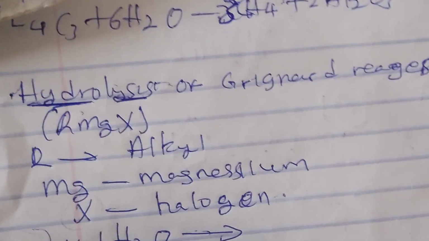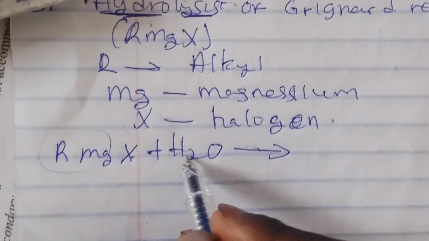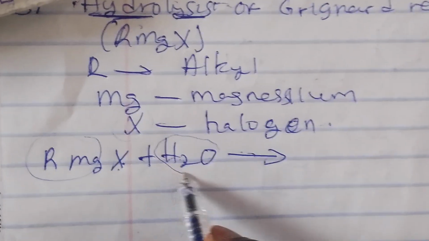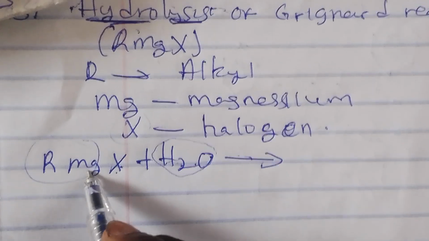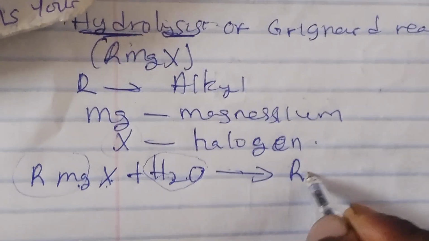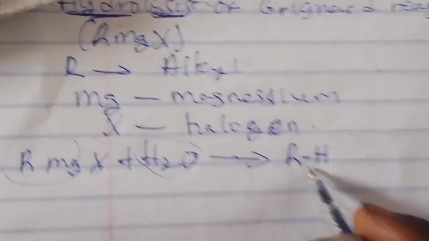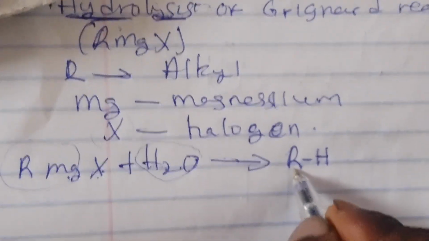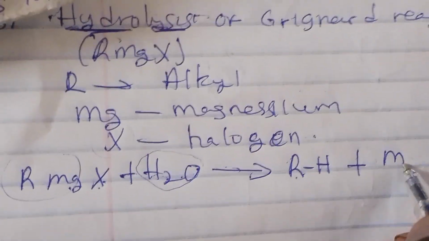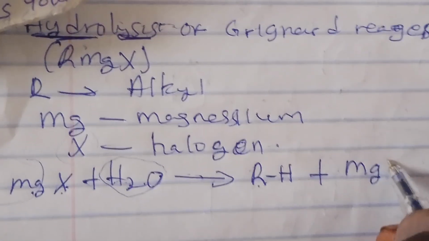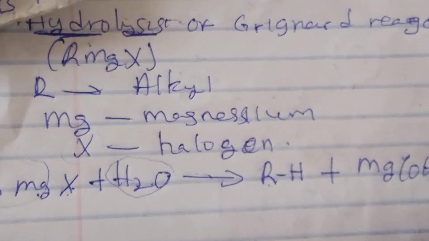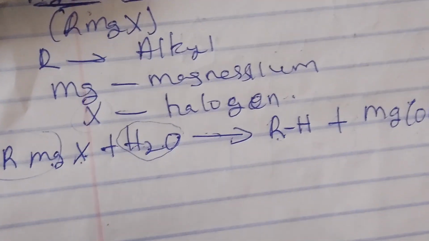You just remove one hydrogen atom here, and you will now take RH. This one is known as alkane, because this one is the alkyl group. Then plus MgOH, and then it's going to give us X.